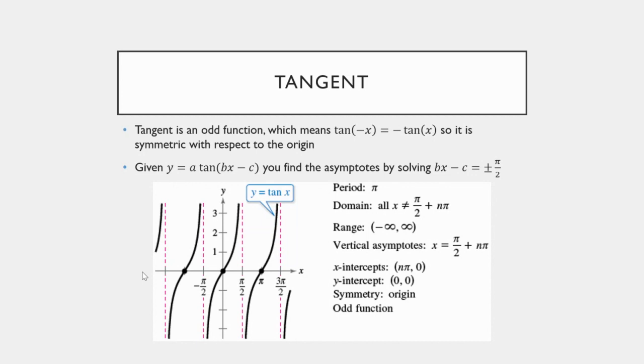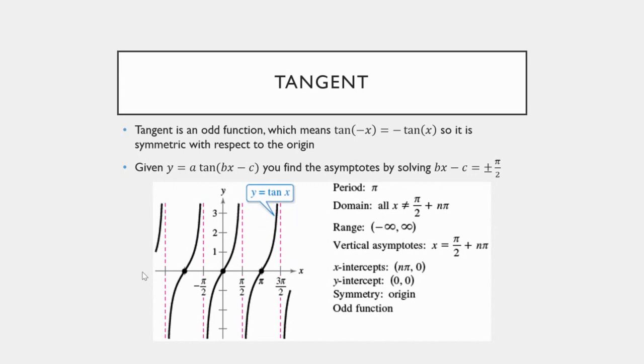For tangent, unlike sine and cosine, the period is pi. Sine and cosine have a period of 2 pi. Tangent, the period is pi, so it's basically half the period of the trig functions we've been working with so far. You can see that our asymptotes start at pi over 2 and negative pi over 2, and then because of the period, you add pi to that to get to the next asymptote.